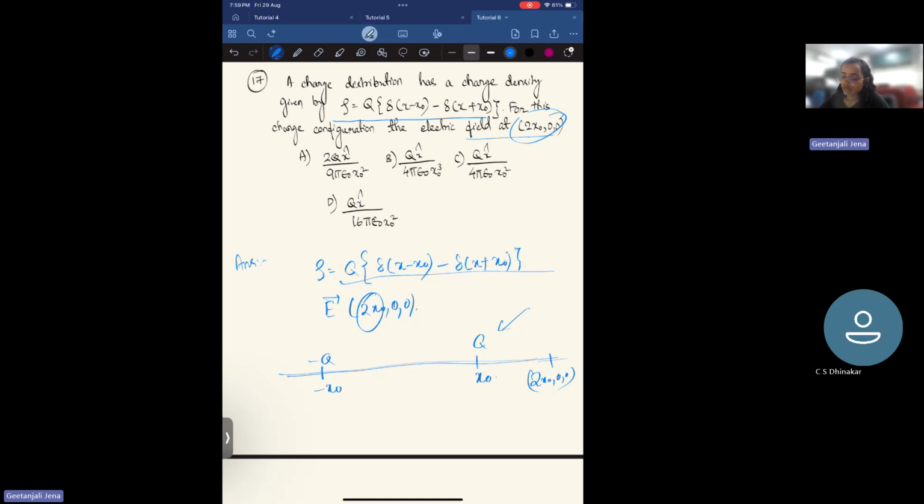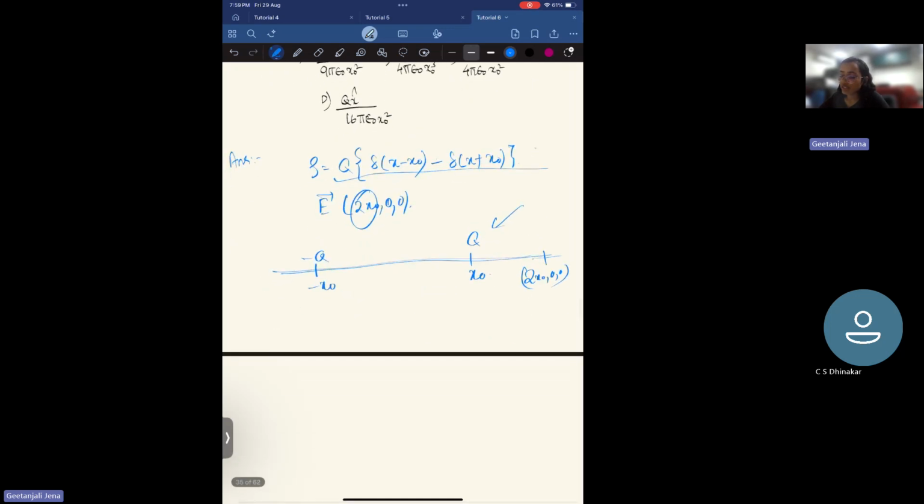But if it is given, and you can see the point is closer to the charge distribution, then don't use multipole expansion, just use the normal summation rule to find out the electric field. So you know what is the electric field produced by minus q at the point here and plus q at the point here, right? And add it up to find out the total answer.